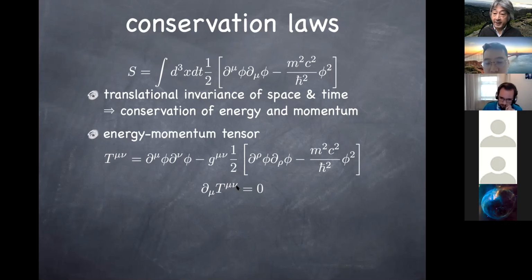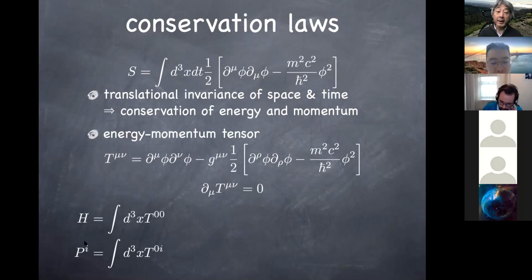So as a matter of fact, in a very similar way that the time component of the 4-vector gave you a charge, like a number operator of the particles minus antiparticles, we also take the zeroth component, the time component, of the energy-momentum tensor, and integrate over space. And that turns out to be really the energy or Hamiltonian or momentum of the system.